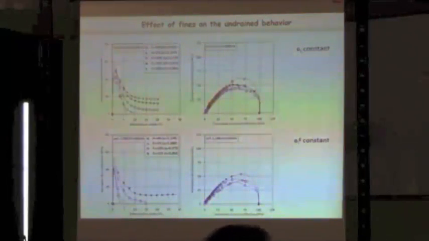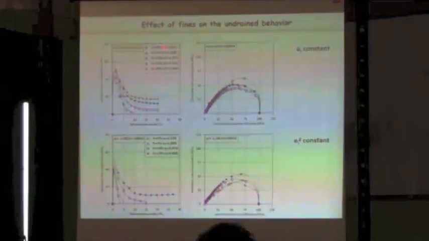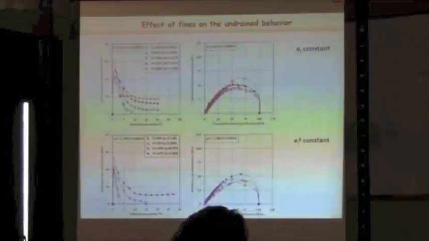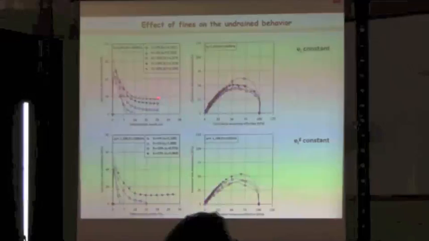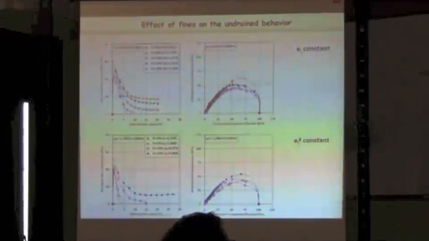Here you can see that almost all of the tested samples exhibit liquefaction flow behavior, as presented yesterday by Felix and Guillaume, which is characterized by this peak resistance and this rapid decrease of the shear resistance. Here we can see that the shear resistance at the steady state, or the critical state, which is represented here, increases as the fine content increases.